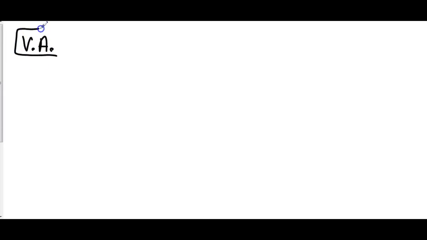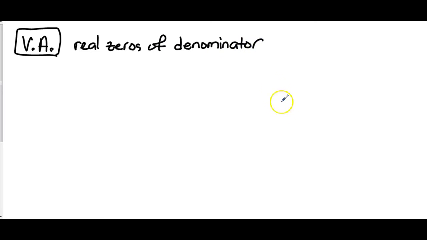Vertical asymptotes come from where? Vertical asymptotes are the real zeros of the denominator. How about horizontal asymptotes?